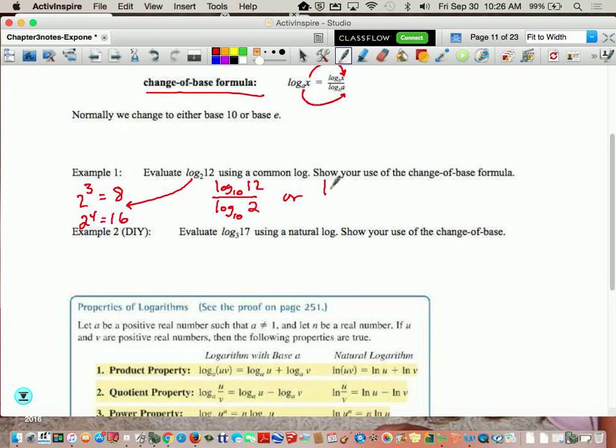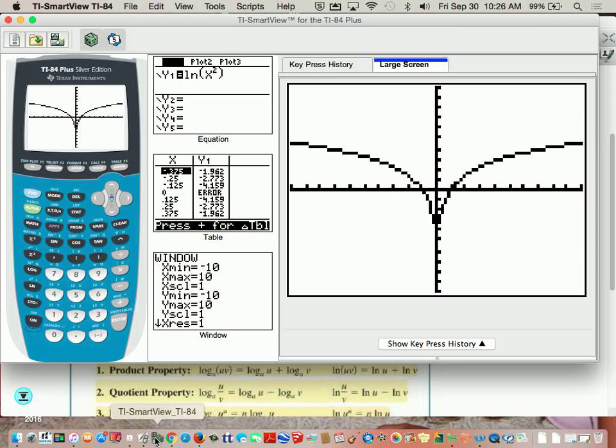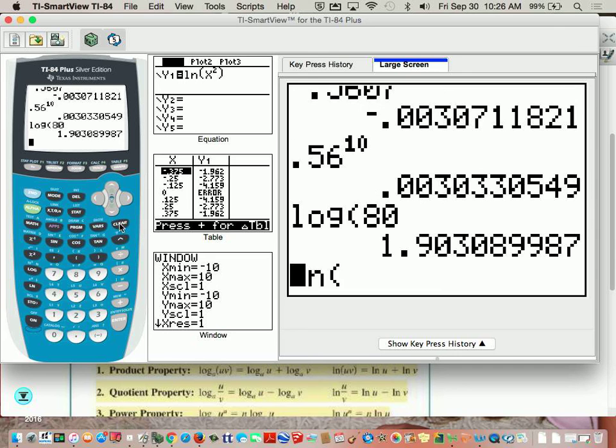Or if you want, a little bit lazy, you just write ln. Remember that ln is base E. So you do the ln of 12 and the ln of 2. So if I go to my calculator, you can clearly see that they turn out to be the same thing.